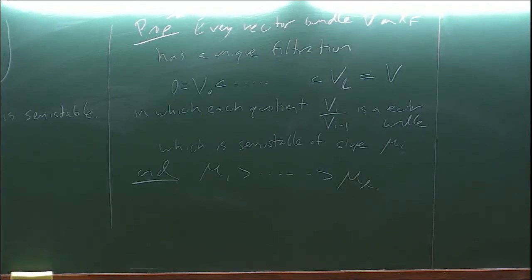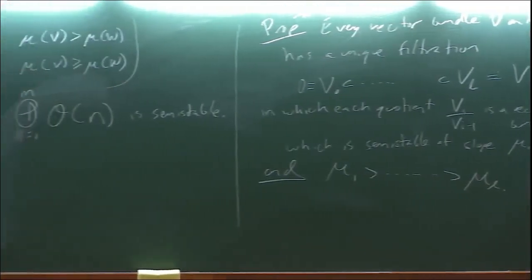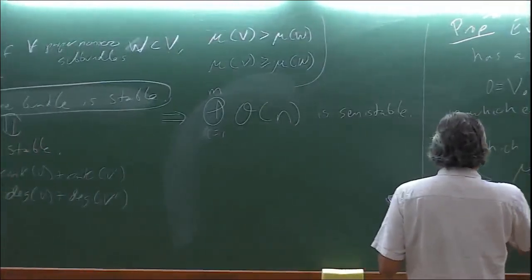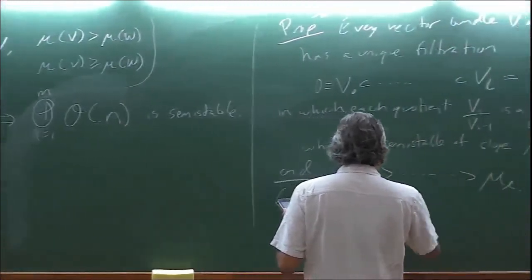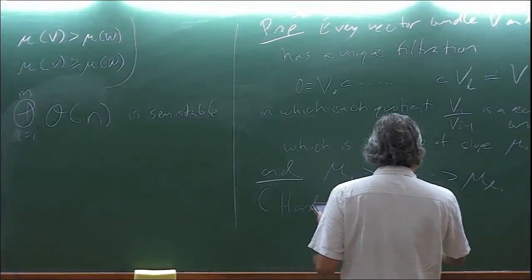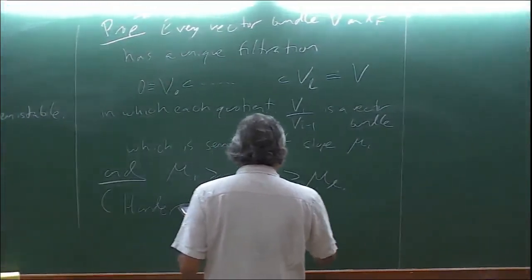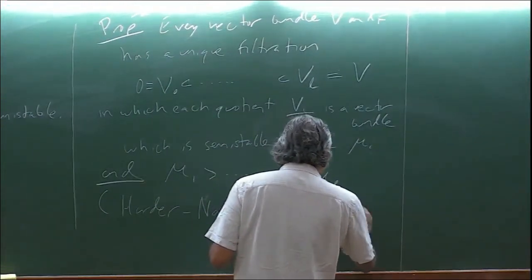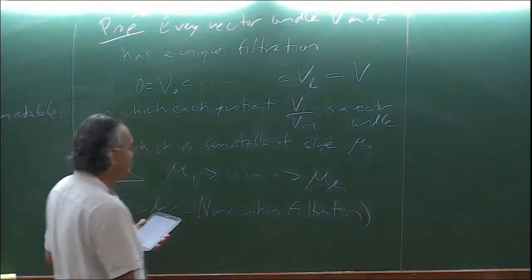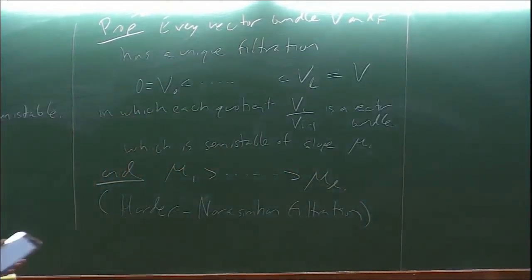But this is a relatively formal thing to do once you know this. And this is what's called the Harder-Narasimha filtration. There is no Easier-Narasimha filtration; this is Günther Harder.